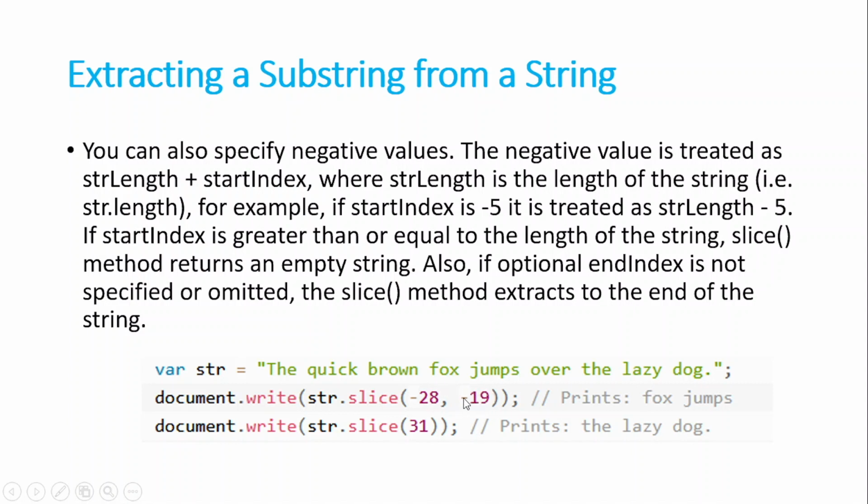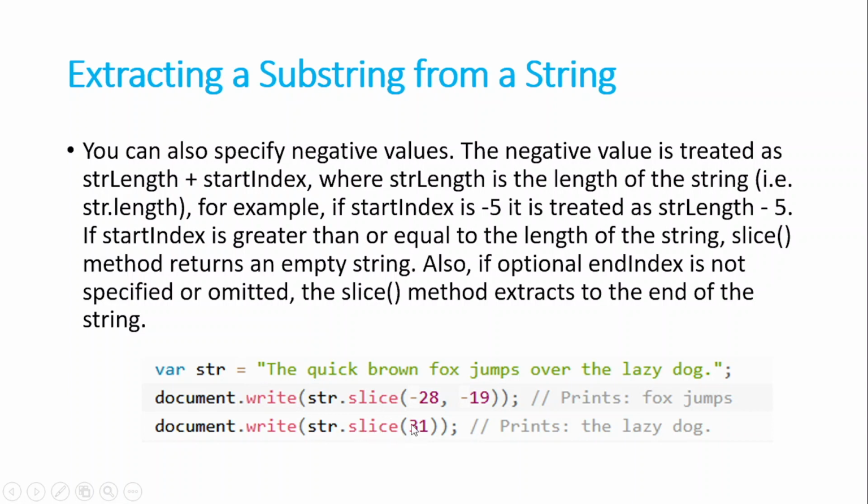In here -19 is given as the end index. The method I told you, that you have to minus it from the length of the characters, and then you will find the index of that end character. So basically it will return fox jumps. So f is the starting index and s is the ending index. So that will be printed out.